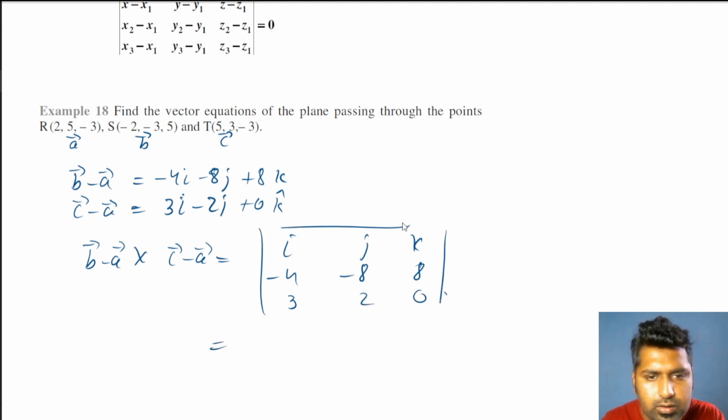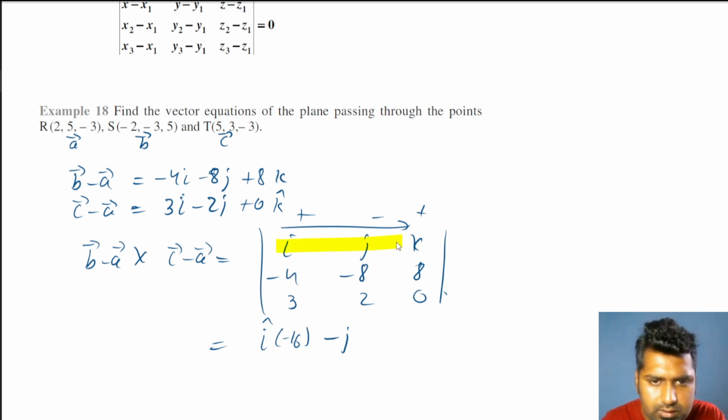And expand along this. So i into 0 minus 16. So minus 16i minus j, okay, plus minus plus. So minus j, leave this row and column for j. Okay, you should know this if you have done the determinant. In case you have not, go through the determinant lectures.